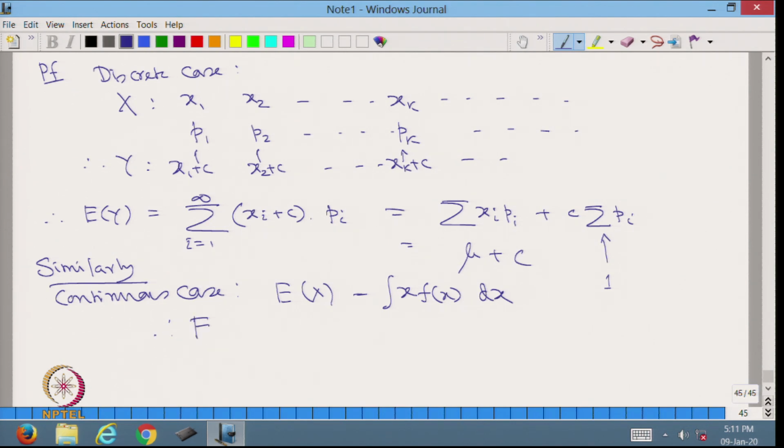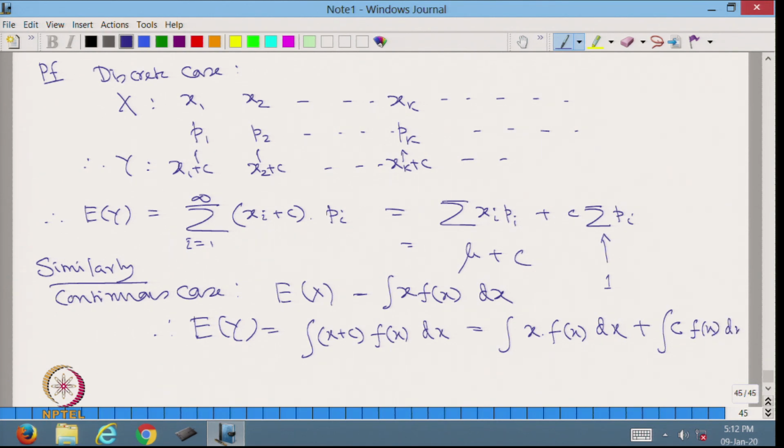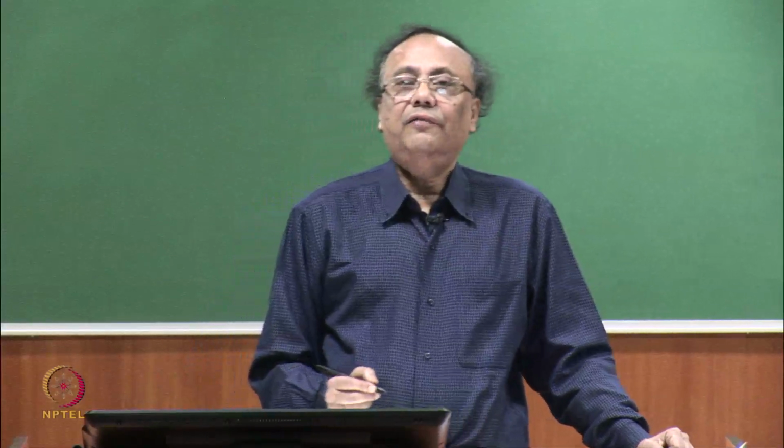Therefore, expected value of y is equal to the integral of (x plus c) f x dx, which is the integral of x times f x dx plus c times the integral of f x dx, which is equal to expected value of x plus c, since c will come out of this integration as it is a constant, and f x dx will integrate to 1.